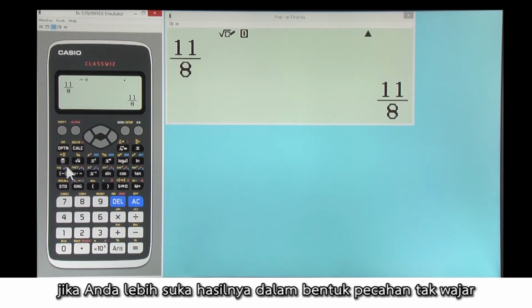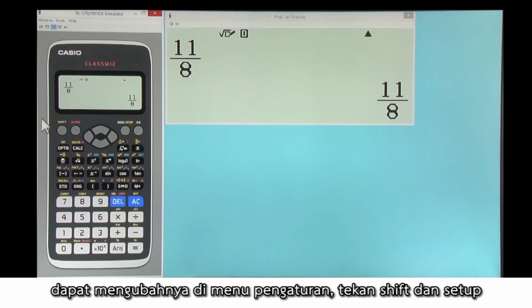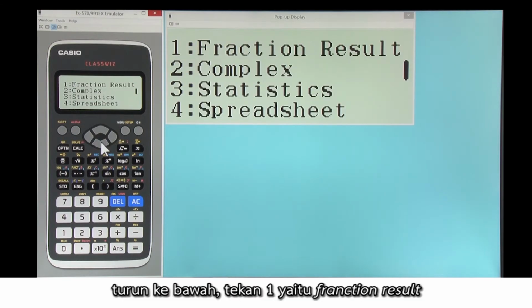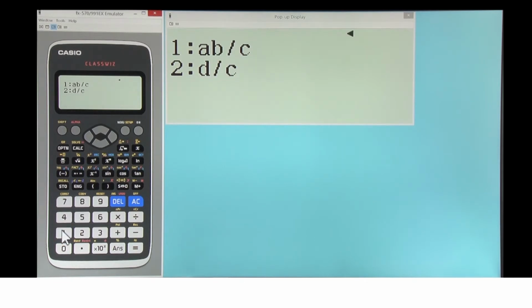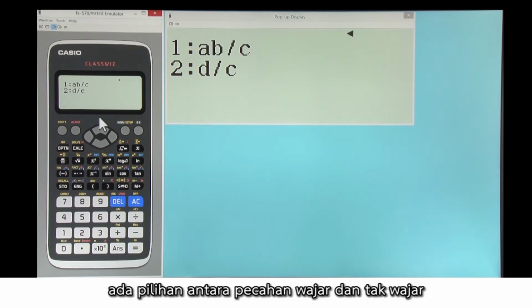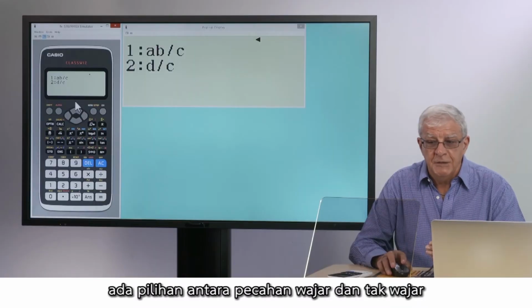If you would prefer to always represent fractions as proper fractions, you can change this in the setup menu. Shift and setup, go down to where it says fraction result, which is number 1, and there's a choice between proper and improper fractions.